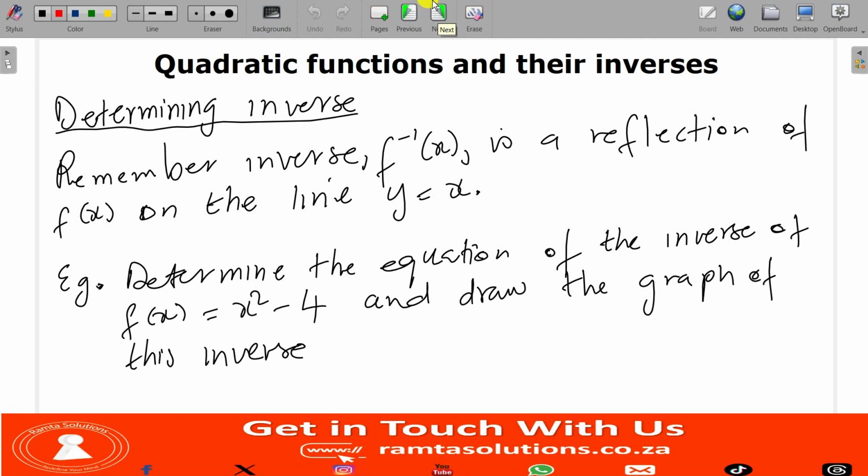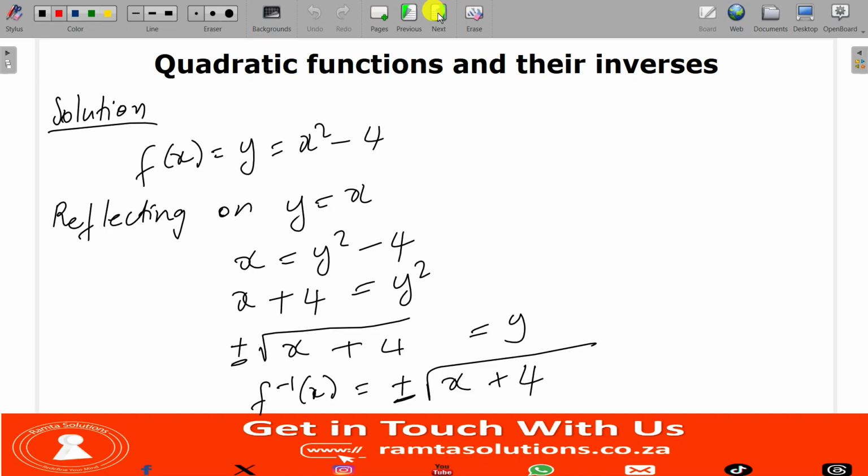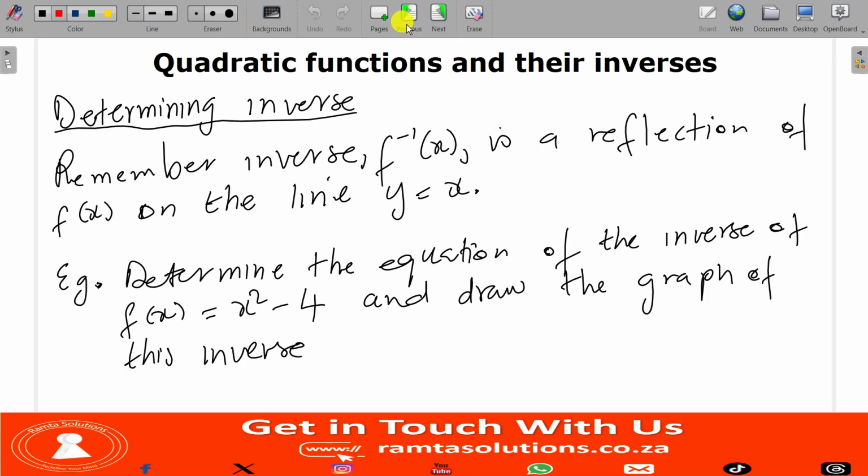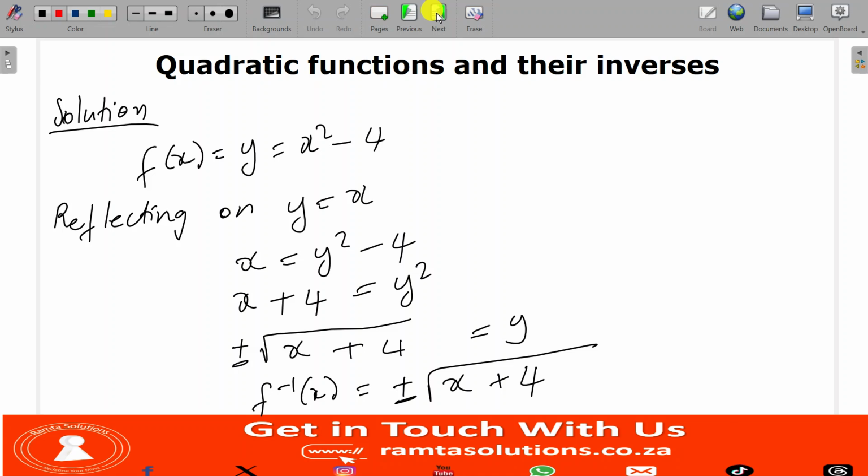Now, let's see. Determine the equation of the inverse of f of x. We said the inverse was not a function.